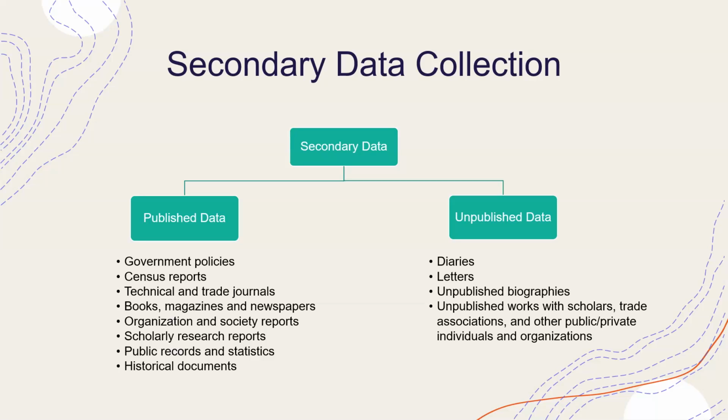Technical and trade journals, books, magazines and newspapers, reports and publications of various associations connected with society, business and industry. Reports prepared by research scholars and universities in different fields, public records and statistics, and historical documents, and other resources of published information.